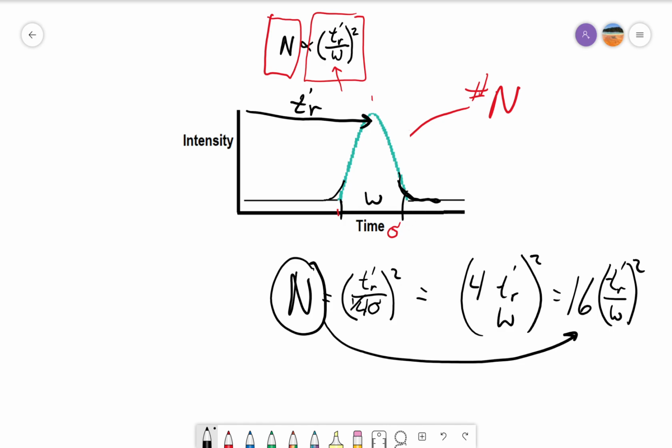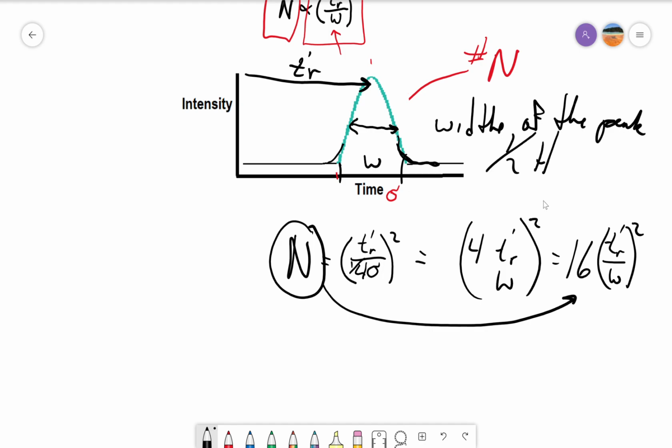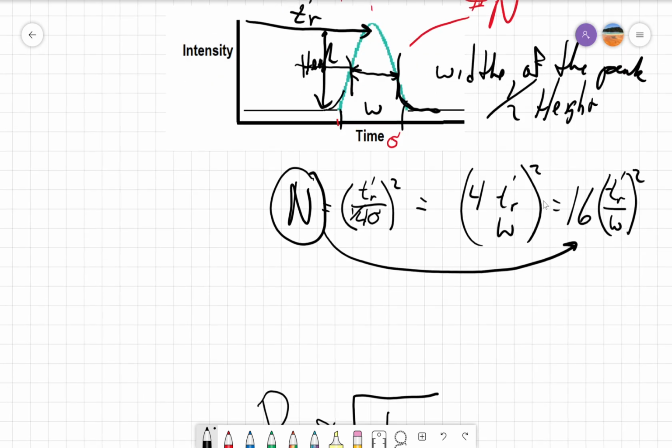So to avoid that, we use a statistical trick which says that the width of the peak at half height, so this is the height of the peak. If we go to half height, we can measure absolutely the time that the width is wide at its half height.